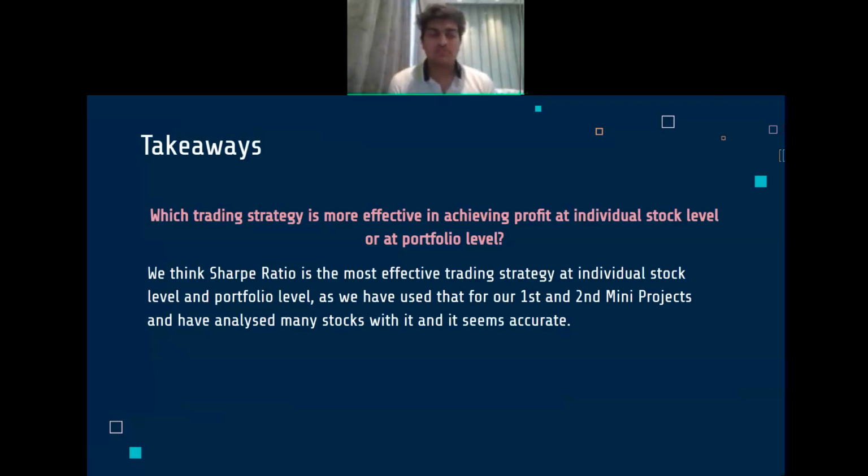As we've seen in the data before, the Jensen Alpha with strategy as well as no strategy did not give us a good result. And the Sharpe ratio, as we'd seen, was 0.9 in 2021, and it showed a positive result over the years. And then we think that would have been more accurate since we have seen the stock data right now, and it has been moving towards a positive trend, and the Sharpe ratio was much more accurate than the other two strategies.